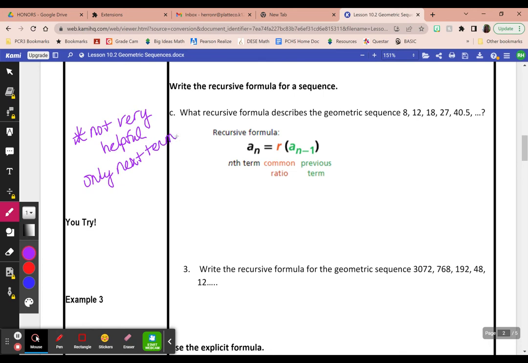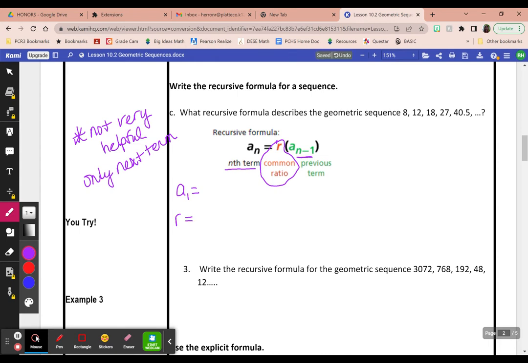Okay, so we're starting off, the nth term would be whatever term you want. The common ratio is what you are multiplying by. And then n minus 1 would be the term before it, right? So again, like we talked about the other day, you need two things to write every single formula, which is going to be the first term, right? And whatever your ratio is. Or the other day it was whatever your difference was.